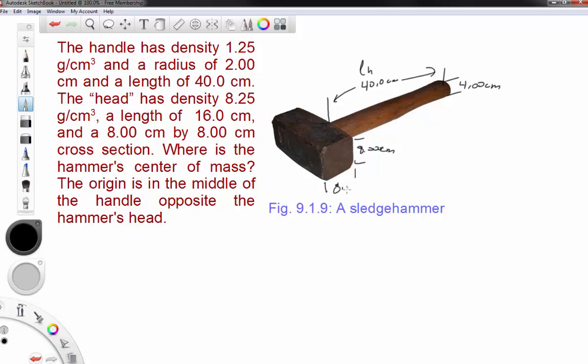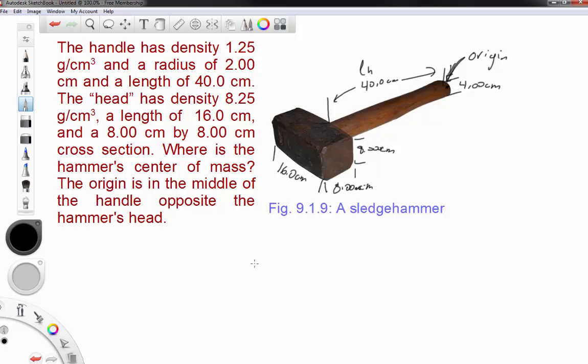And then the total length of this thing, it's basically this length right here, is 16.0 centimeters. The origin is being described as the middle of the handle opposite the hammer's head, so that's basically right here. So this right here is the origin point. So let's put a little arrow pointing out that this is the origin.